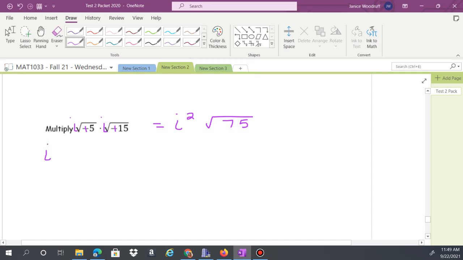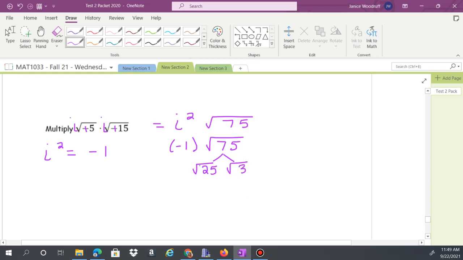What's i squared? Look back on the previous page. -1. So i squared is -1, so this becomes -1 times root 75. Can I simplify 75? Yeah, 25 times 3.